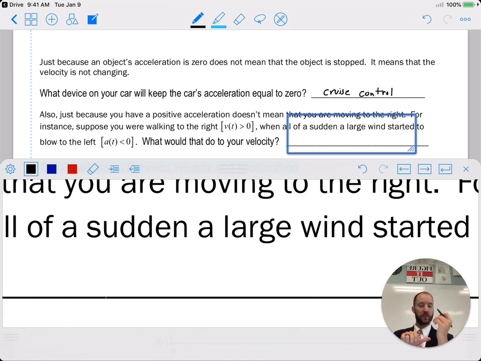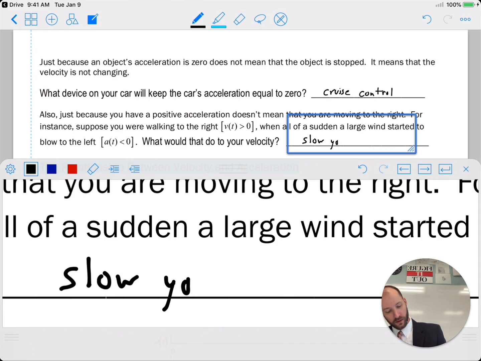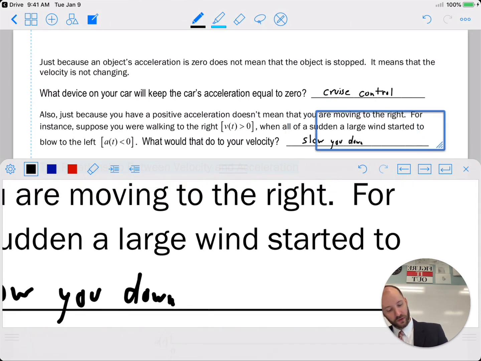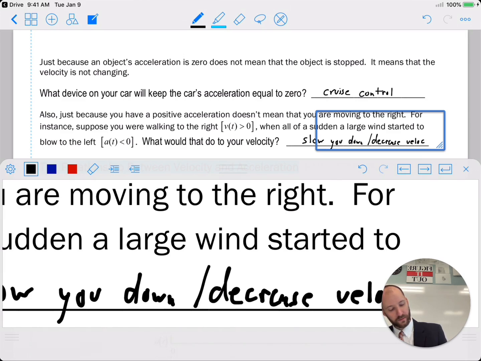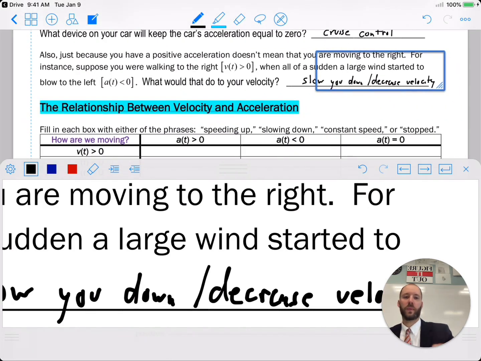You're walking right, but you're being pushed to the left. That is, overall, going to slow you down. It's going to decrease your velocity. Alright?